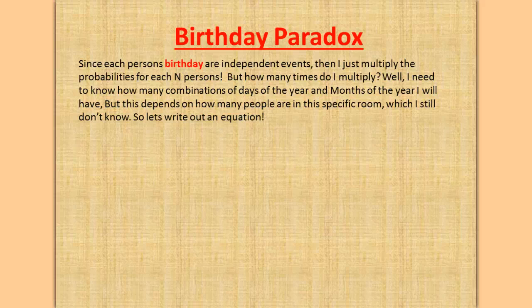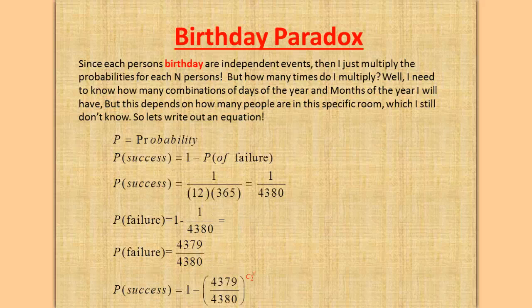But this depends on how many people are in this specific room, which I still don't know. So let's write out the equation. Probability equals probability of success. P equals probability. And the probability of success, as before, was 1 minus the probability of failure.